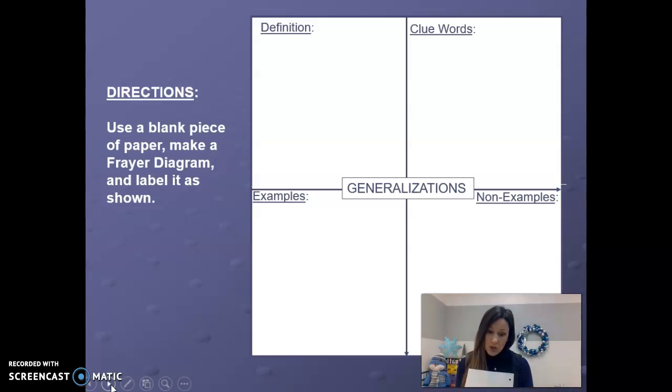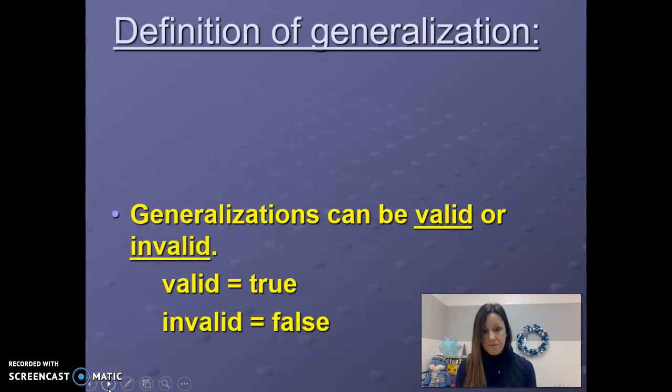So you may need to pause the video here so that you have ample time to go ahead and make your Freyer diagram, because then the next few slides you're going to be adding things to your Freyer diagram so that you have a really nice note sheet to refer to when you are working with generalizations, because it'll help you to be able to come back and look at this while you're looking for those generalizations.